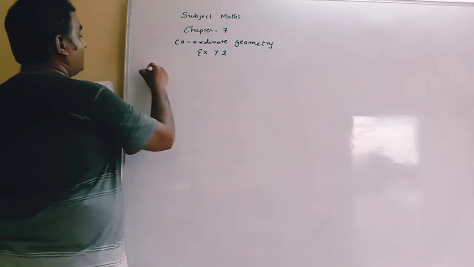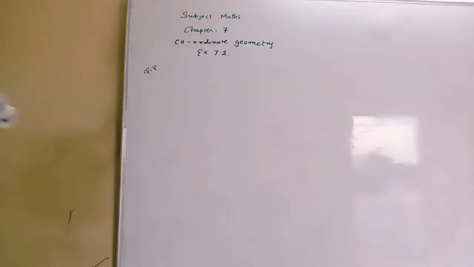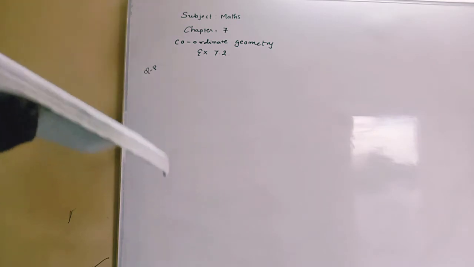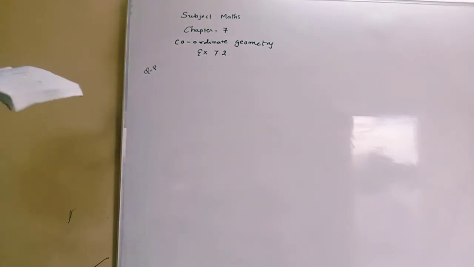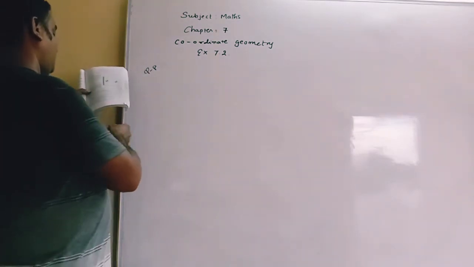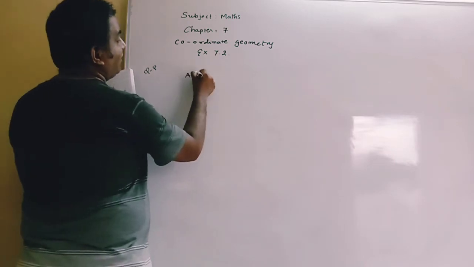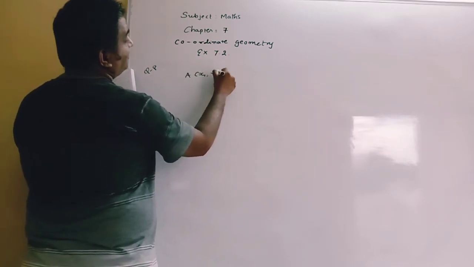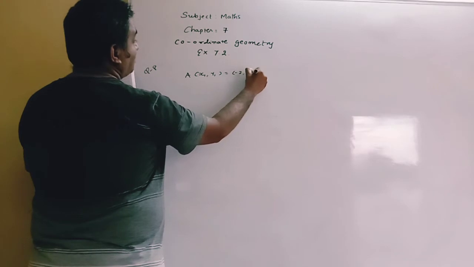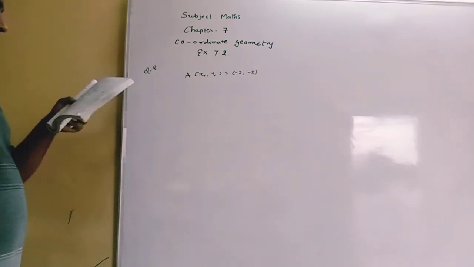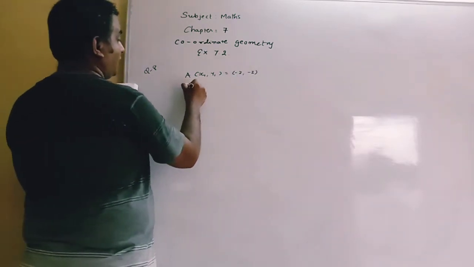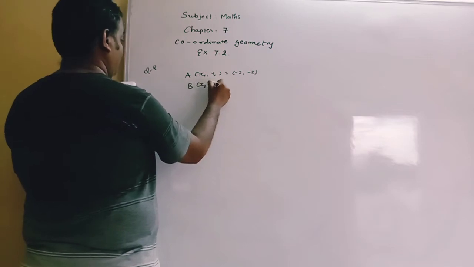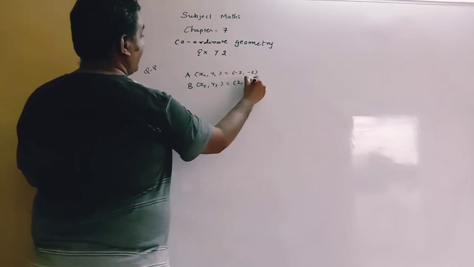Question 8 is given. A(x1, y1) is equal to (minus 2, minus 2) and B(x2, y2) is equal to (2, minus 4).